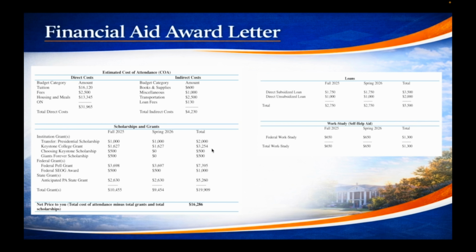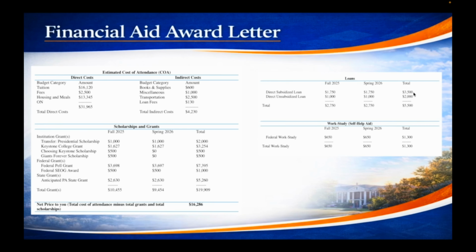So this is a $500 Choosing Keystone Scholarship, a $500 Giants Forever Scholarship, and then in terms of federal aid, they received a federal Pell Grant of $7,395 for the year and a federal SEOG award of $1,000 for the year. Then this student was a Pennsylvania resident, so they received a PA State Grant of $5,260.